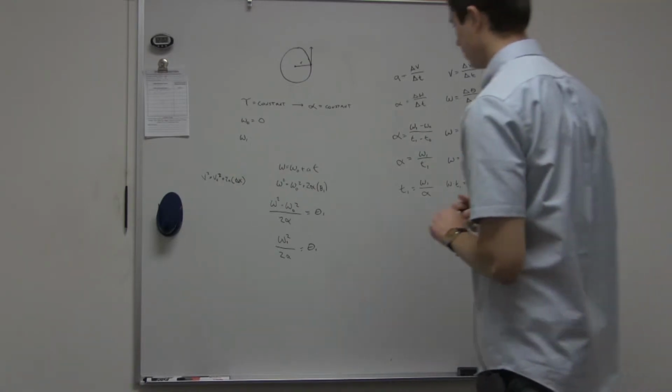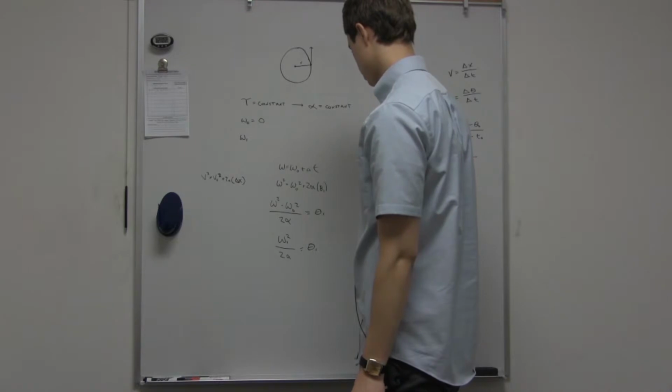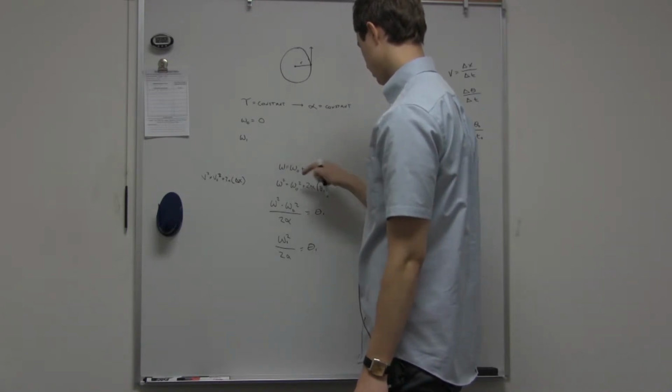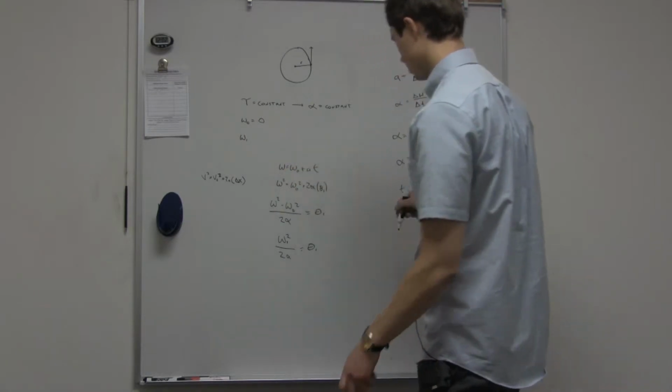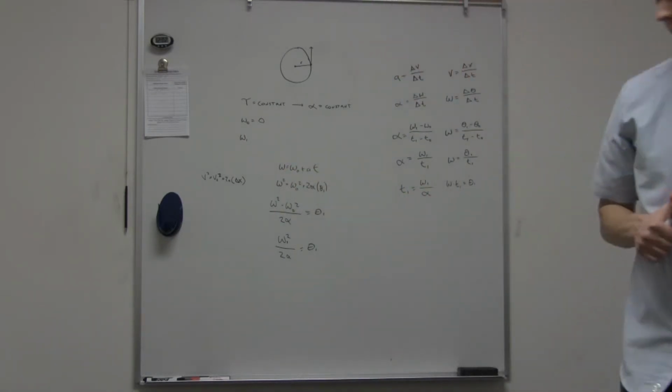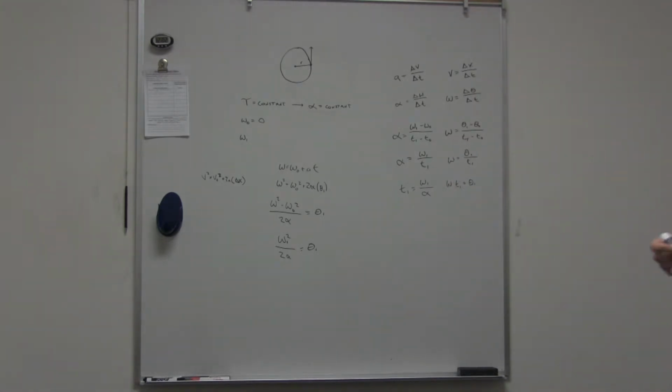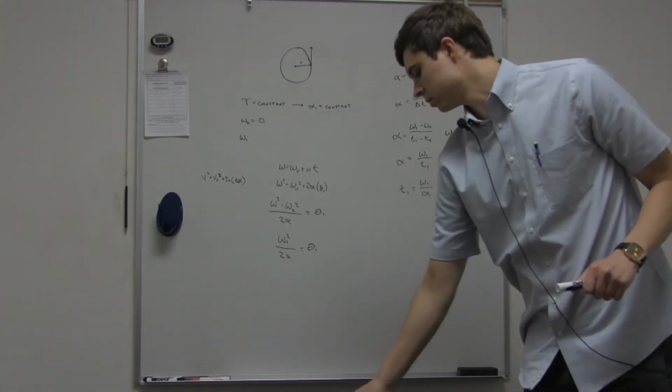So maybe let's look at our third. Maybe we could use this one because it's got omega, alpha, and t. Those are the variables that it wants. Yeah, it says some or all again.